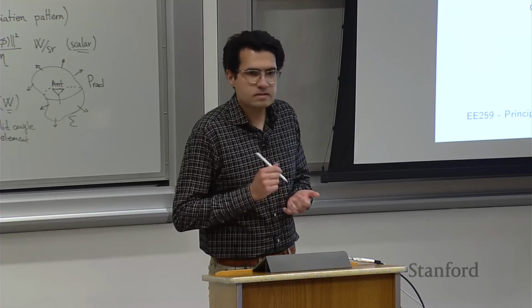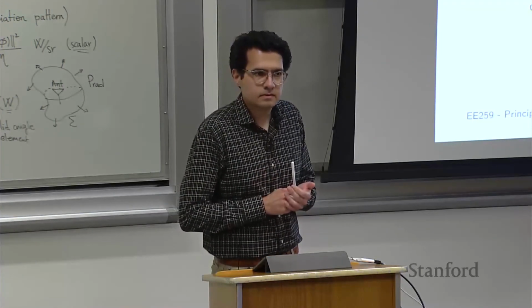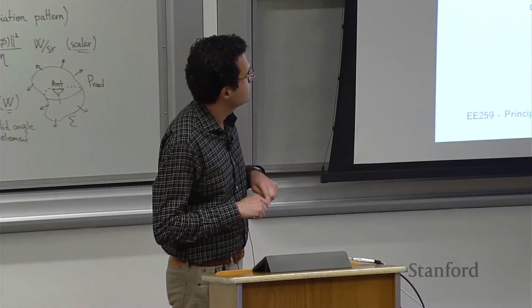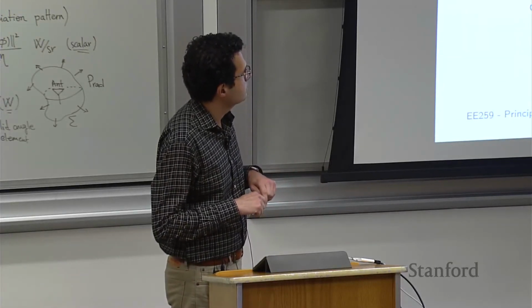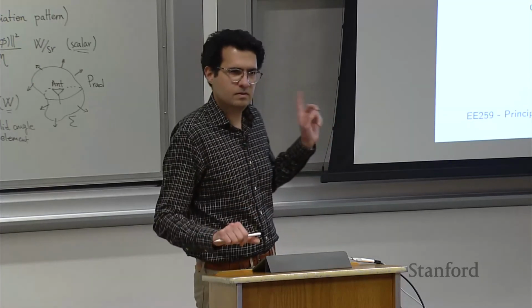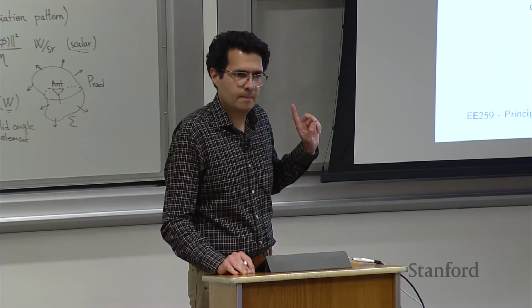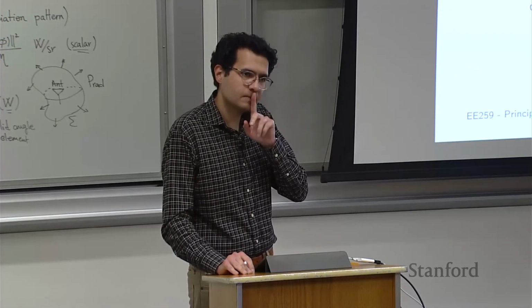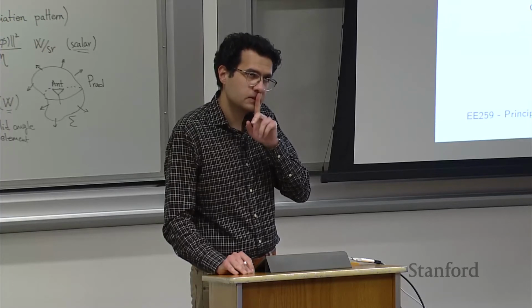Any questions? Yes. Calling the vertical plane H and the horizontal plane E, is that by design or is that arbitrary? I don't think it's related to the magnetic or electric field. Let me think about that. There might actually be some physical significance to it.